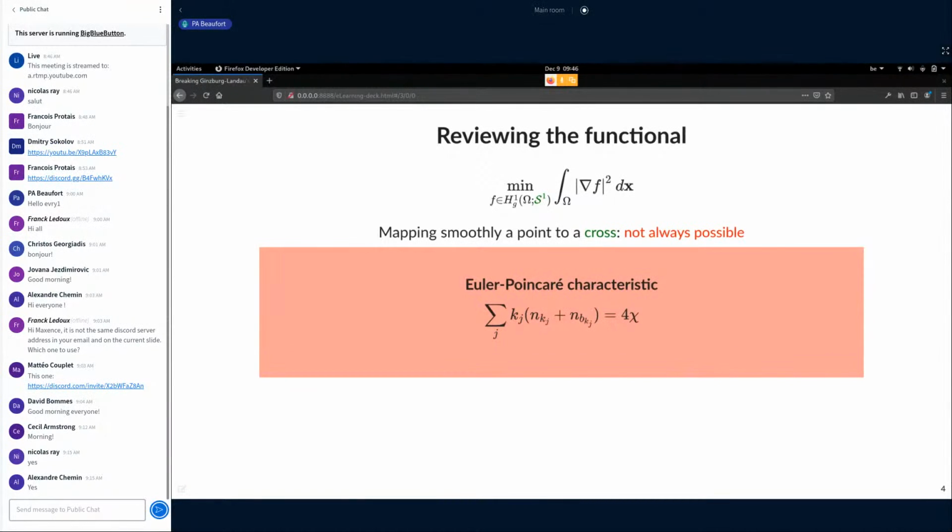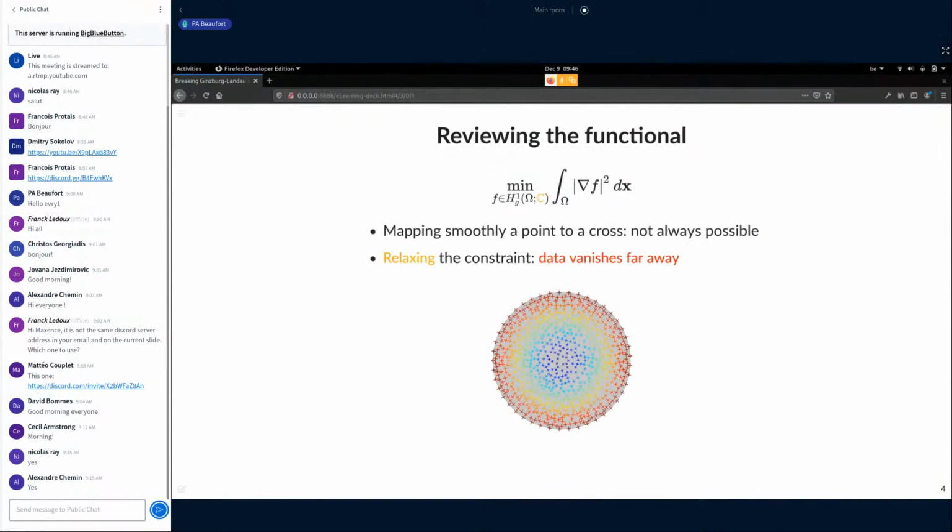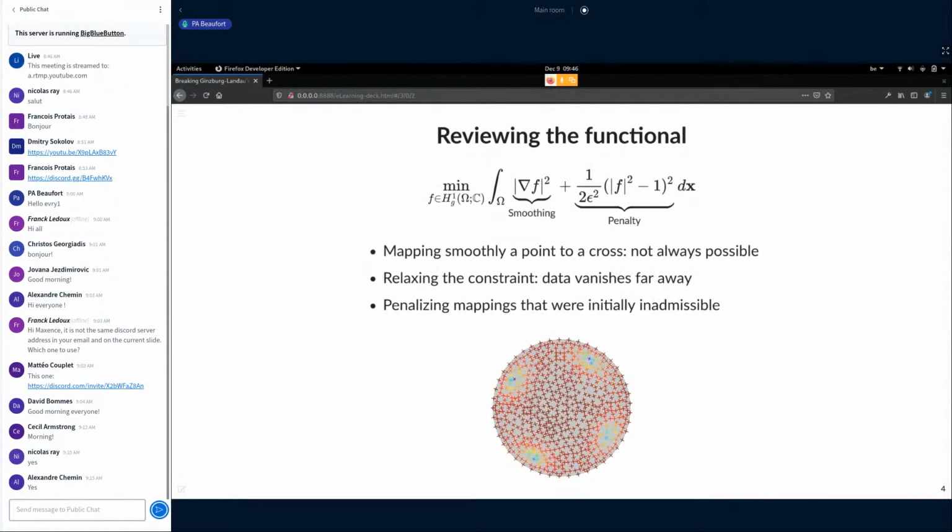So you have to relax this constraint, but if you relax it, the crossfield that you get won't comply with a full quadrangular mesh. So an engineer's approach is to penalize those crossfields with a penalty term that fosters mappings that correspond to a cross, and doing so we end up with a nice crossfield.